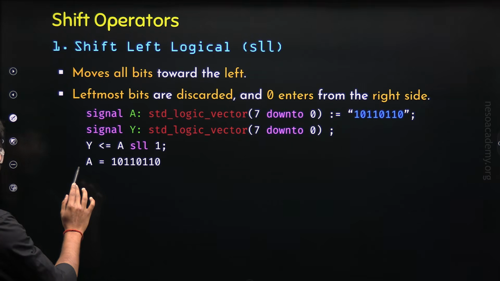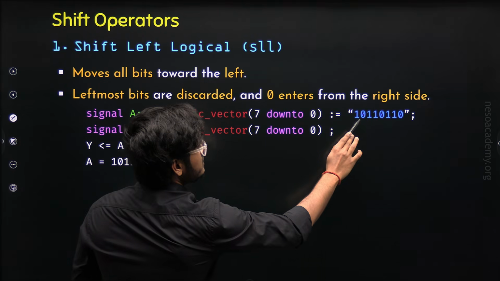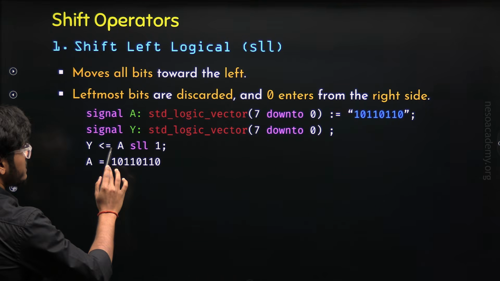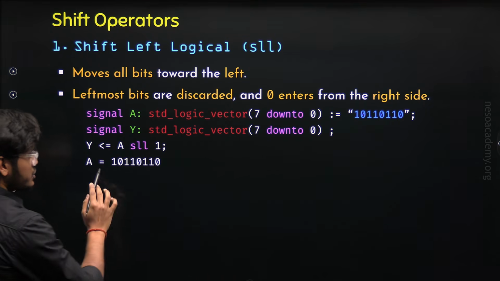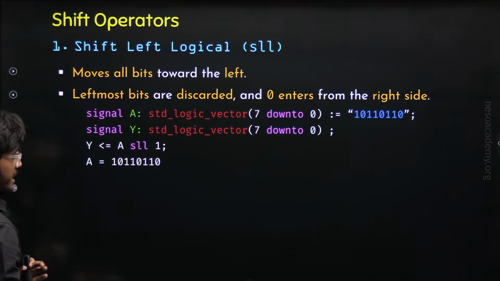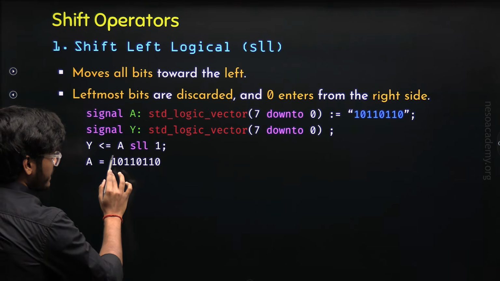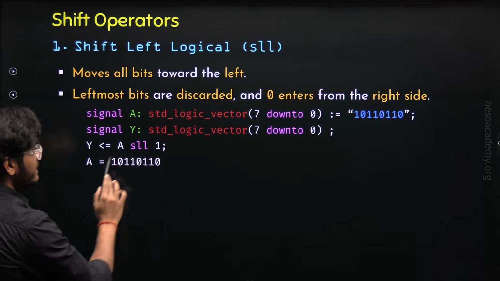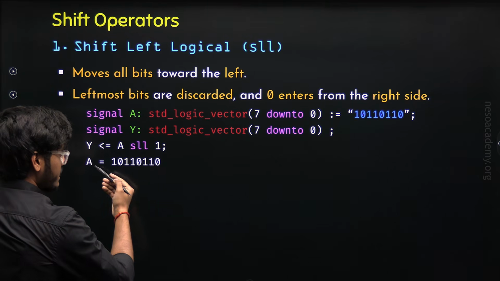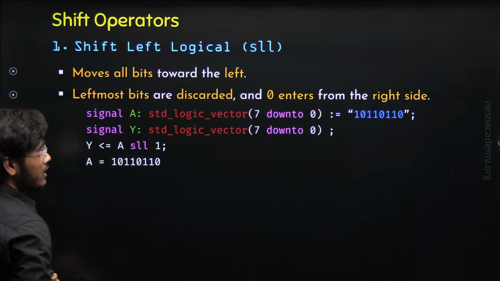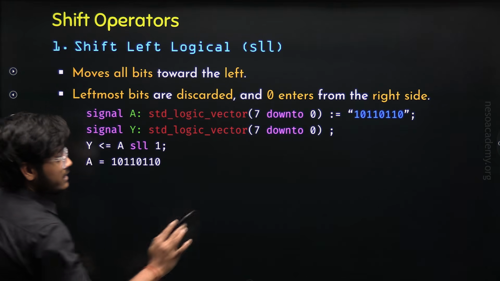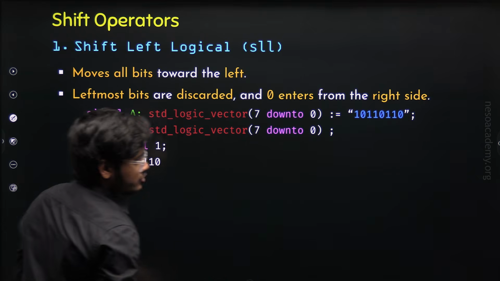Now, we all know A is equal to 101101110. Now, as per this operation, I want to shift this vector to the left side by one place, which means this leftmost bit, the MSB, will be discarded and the rest of the bits will move to the left side by one place, which will create an empty position on the right side, and 0 will fill that empty position.